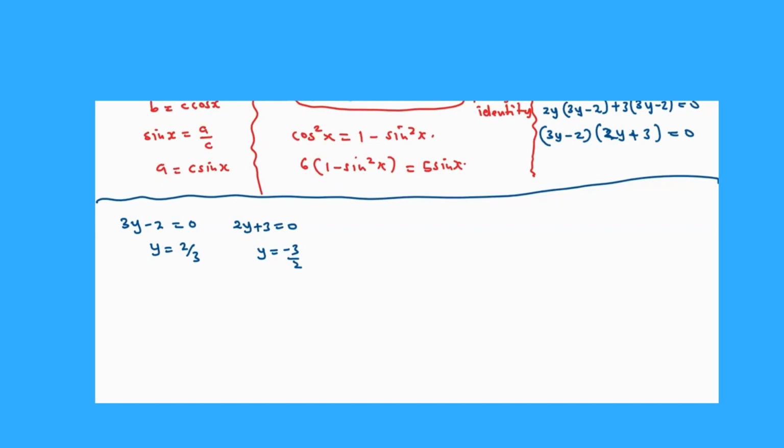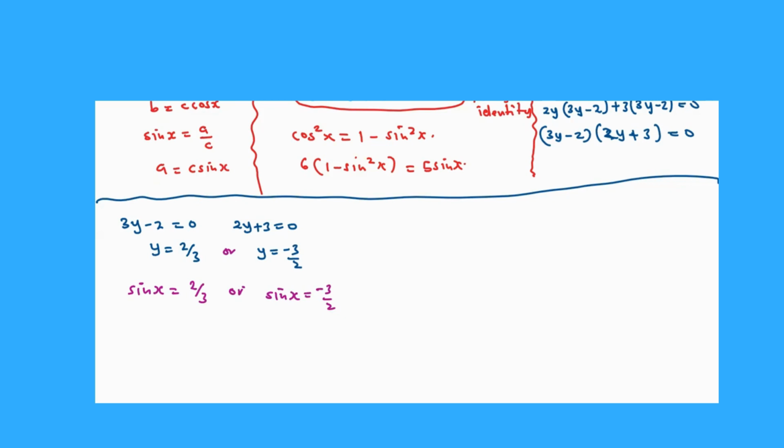Okay, but remember we said that it is the sine of x which is equal to y. So y is 2 over 3, so we are saying sine x is 2 over 3, or sine x is equal to negative 3 over 2.